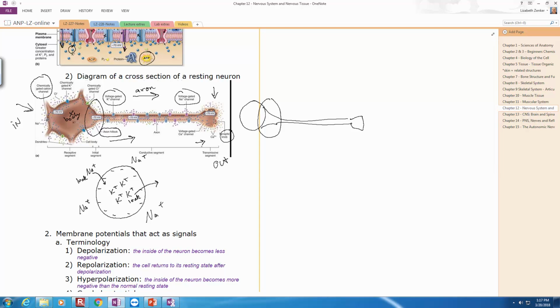Then what do we have to do to prevent the leak from getting out of hand? We need ATP. We need a sodium-potassium ATP pump. We do 3 sodium out for 2 potassium in, and it costs us an ATP to do that, correct?